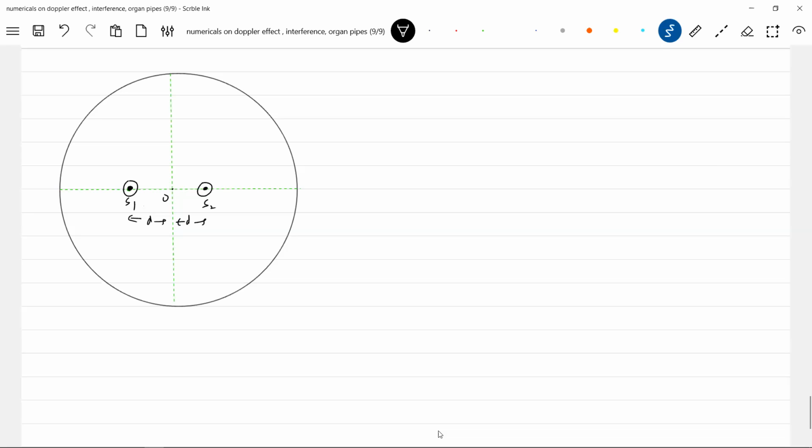Let me take this particular point where OP is equal to r. S1 and S2 are coherent sources, and let lambda be the wavelength of the waves.